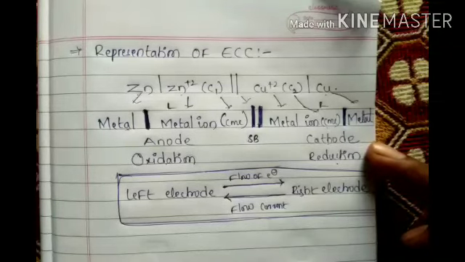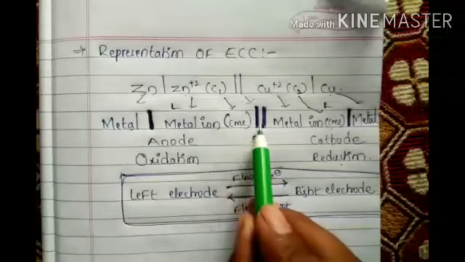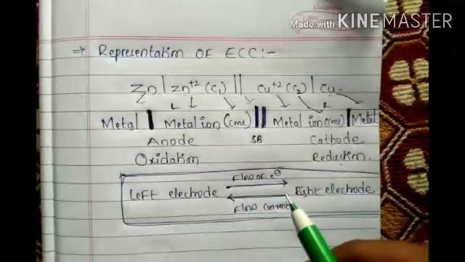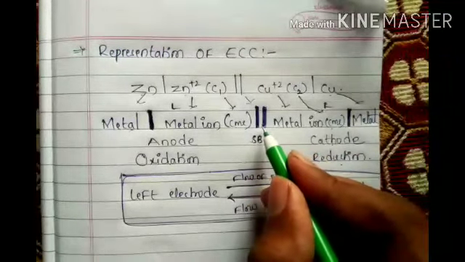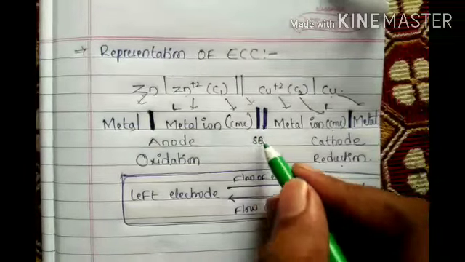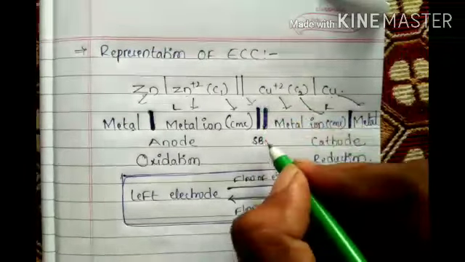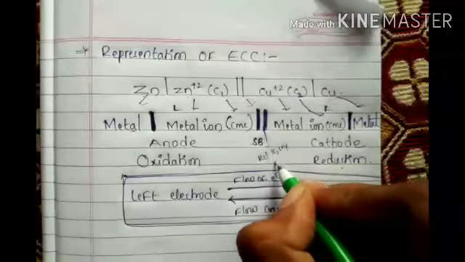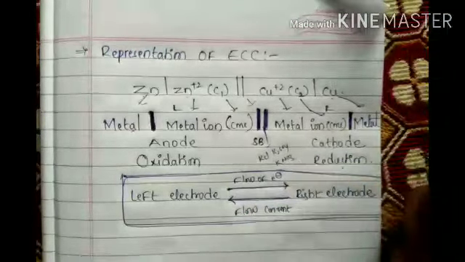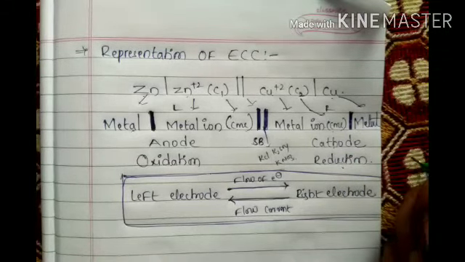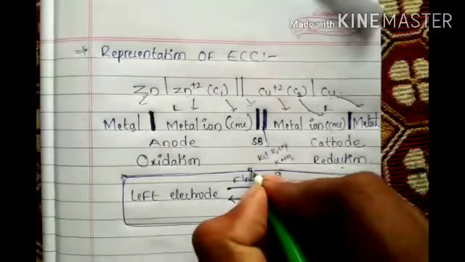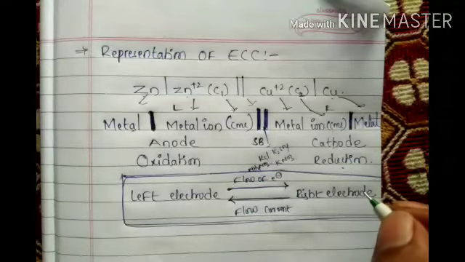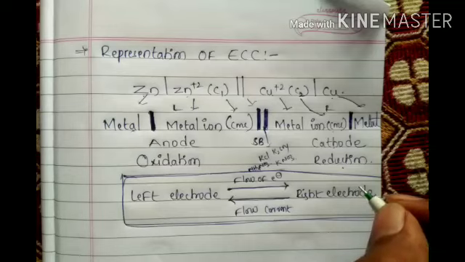Now in the final exam, annual exam, board exam, they will see each and every point. Whether this bracket is there or not, the single line, double line, everything they will see. They will ask what the salt bridge is made of: KCl, K2SO4 or KNO3. Maximum these 3 only will be there. NH4NO3 also sometimes.